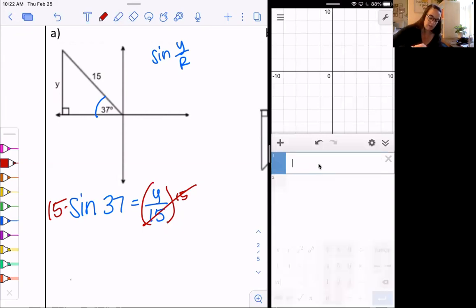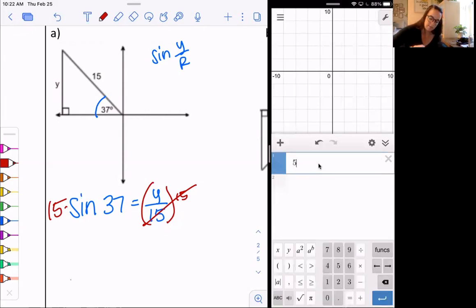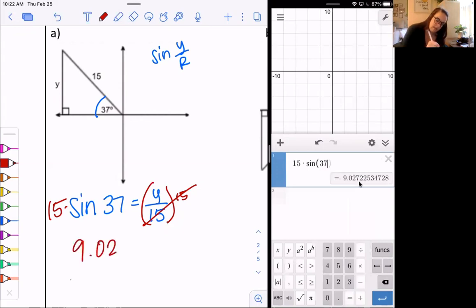So we're going to type in just 15 times, and then you can go to functions and click sine. You can type SIN if you're on your computer, sine 37. And I'm going to use 3 decimal places per usual. So I would have 9.027 equals y.